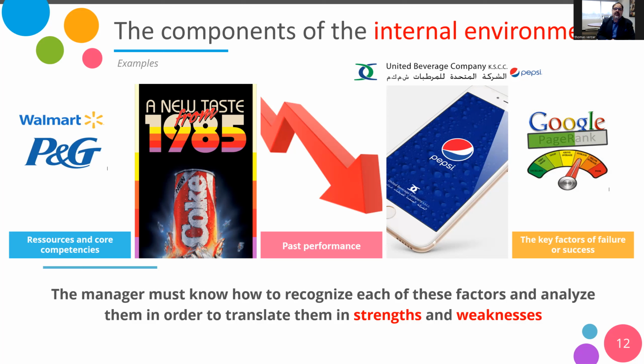And the last is the key factors of failure or success. Now, of course, this depends on the industry in which you operate. So innovation might be a tremendous pressure on your organization. Another example might be your capacity to develop a strong social media presence, and this is not given to all organizations.